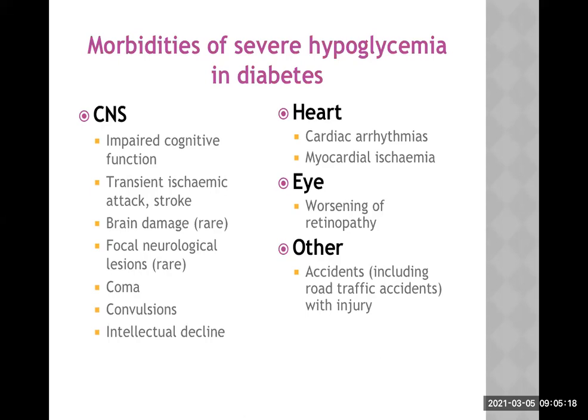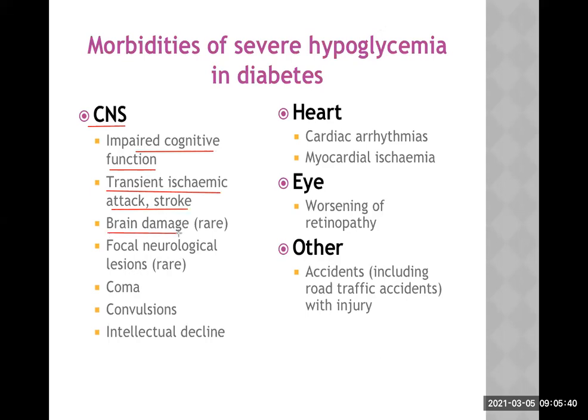Now, if hypoglycemia occurs, what damage can be done to the patient? Regarding the CNS, or central nervous system, these are the morbidities. There is impaired cognitive function; the patient cannot really focus. Transient ischemic attack or even stroke can occur because of hypoglycemia.